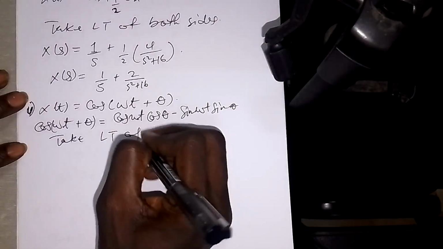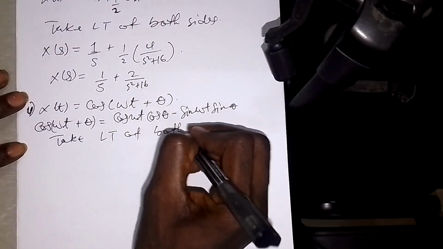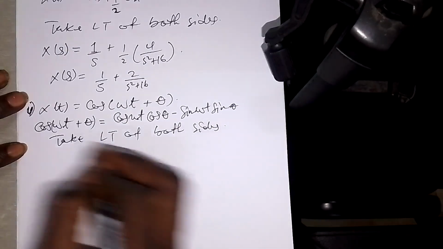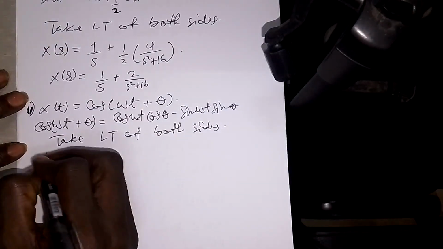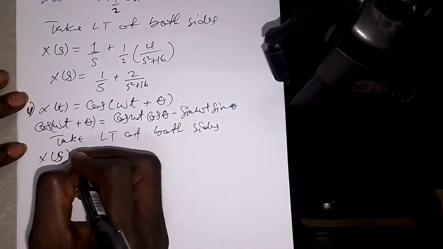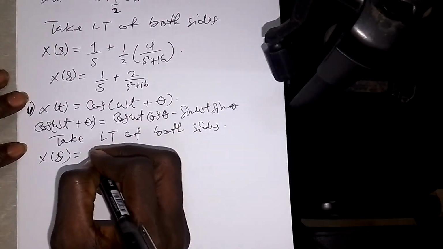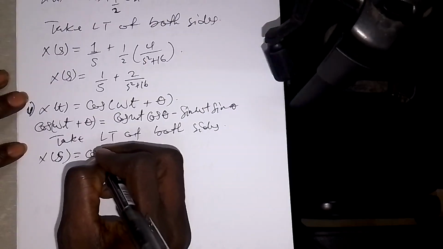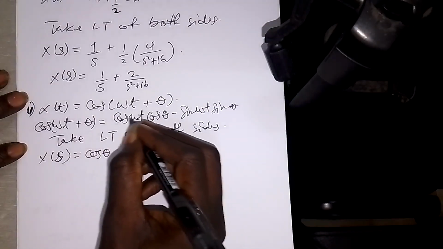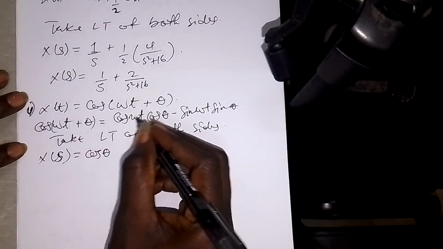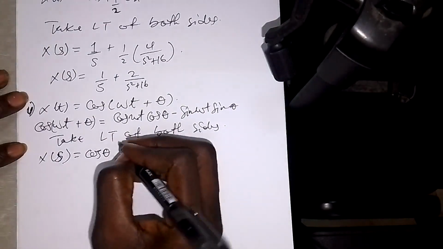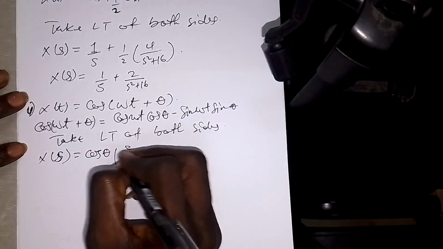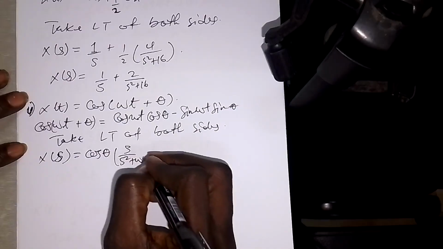Laplace transform of both sides. If you do that, then you're going to get x of s equals cos theta, I can take cos theta out, and then I know the Laplace transform of cos omega t is s over s squared plus omega squared.